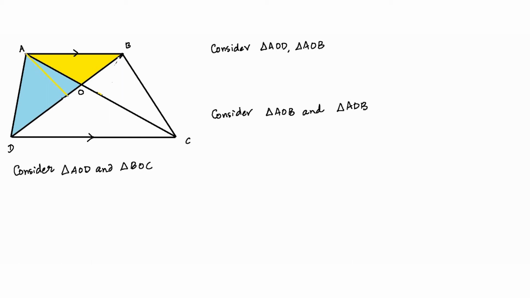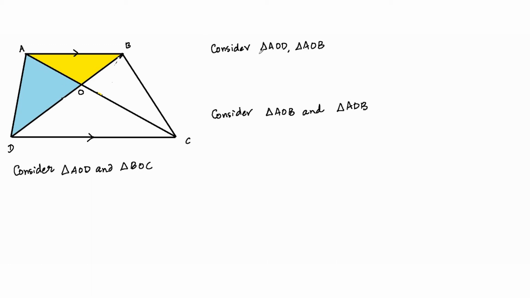I can drop an altitude from A on the side BD, right? So both these triangles have the same altitude, and again you might be wondering how come the altitude of AOB, that is the yellow triangle, is outside the triangle. That's because angle O is an obtuse angle, right? So that is why its altitude lies outside the triangle.